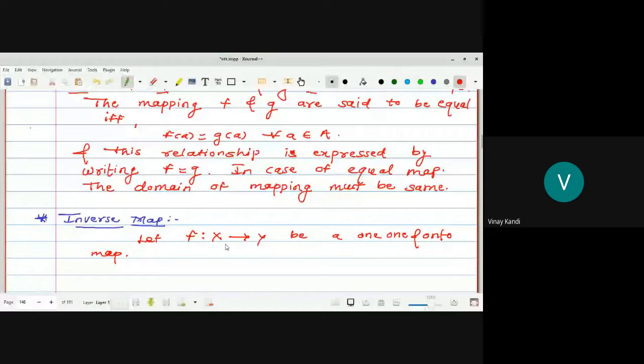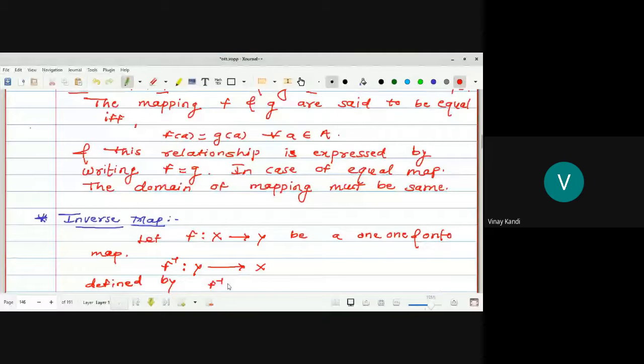Then with the one-one and onto map, f inverse is the mapping from Y to X defined by f inverse of y is equal to x.